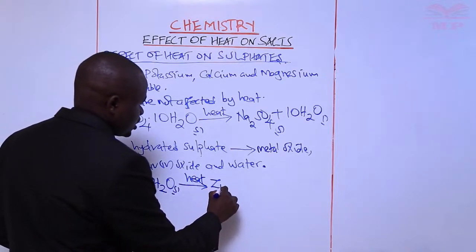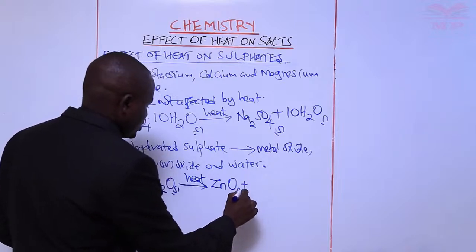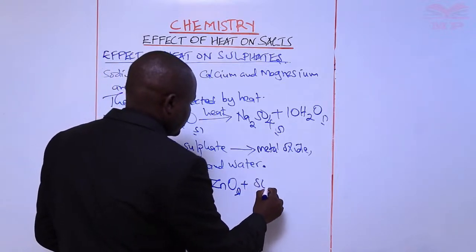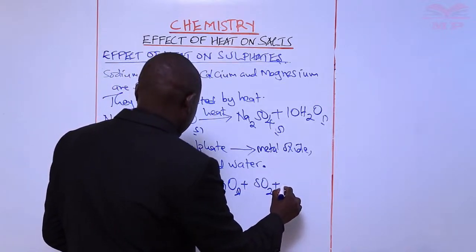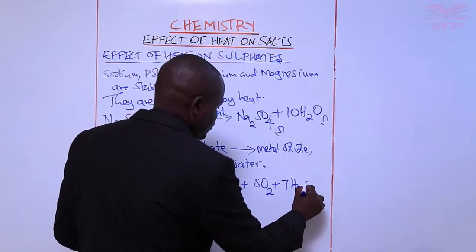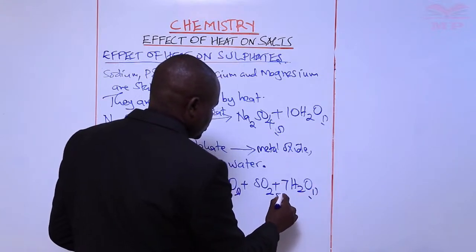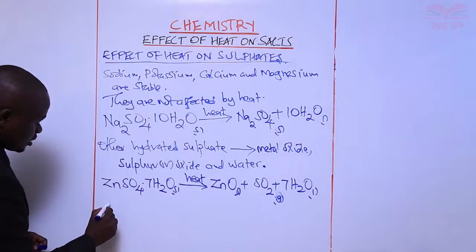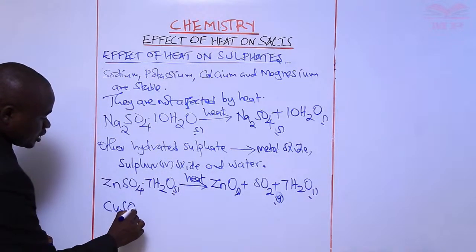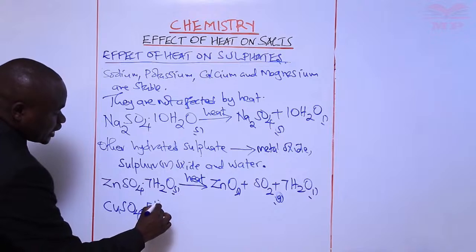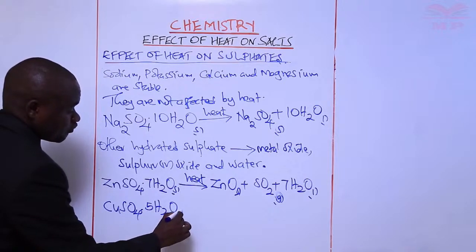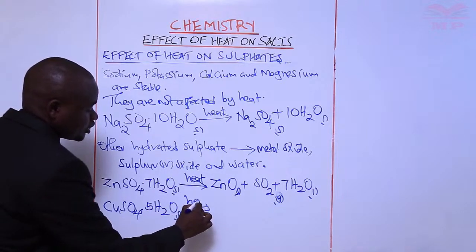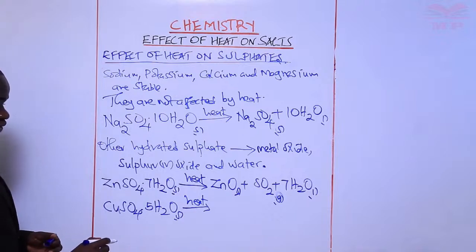We get zinc oxide plus sulfur 4 oxide and the 7 molecules of water of crystallization. The other one is copper sulfate pentahydrate. Penta means 5. It contains 5 molecules of water of crystallization.